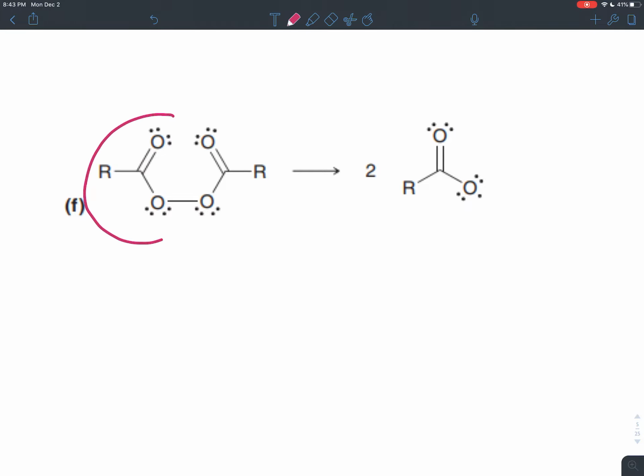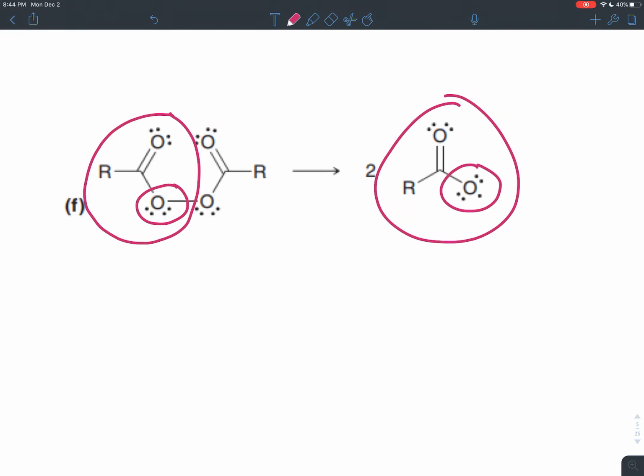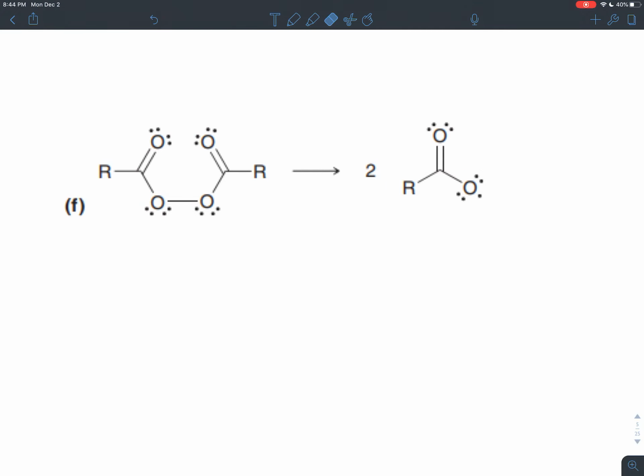You could see that if you compare the structure to what you have in the product. And notice you have two of these because these are symmetrical. But compare what I have circled on the left with what I have circled on the right. Notice this oxygen is getting one of the electrons in the bond, that radical there. And so you take this bond and you use fishhook arrows to show the two electrons in it, one going on each of the oxygens.